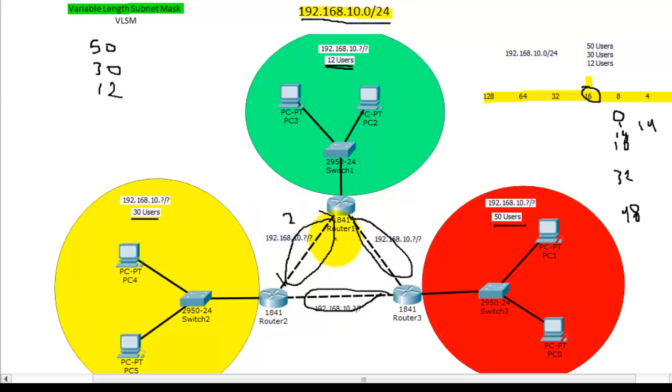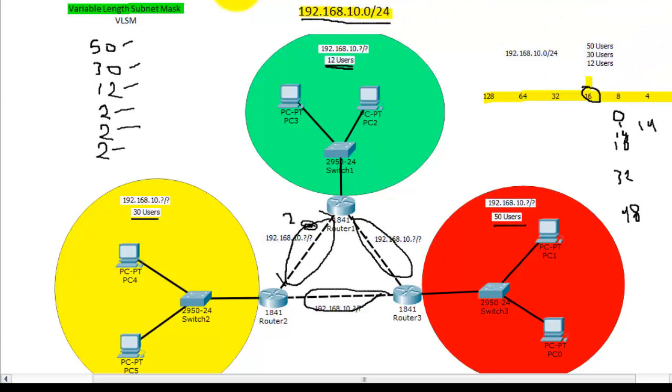Then 2, 2, and 2 for the point-to-point links, which require 2 IPs. So we have 6 networks, and we need to use VLSM to subnet this IP address into 6 subnets.